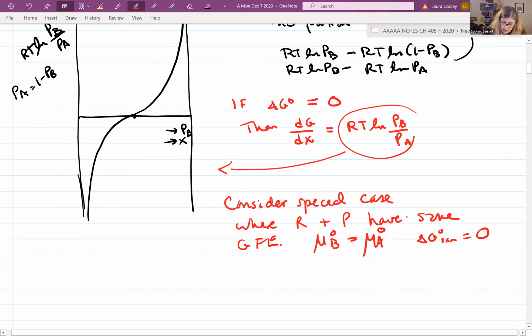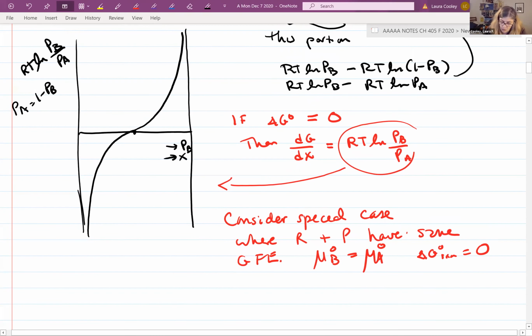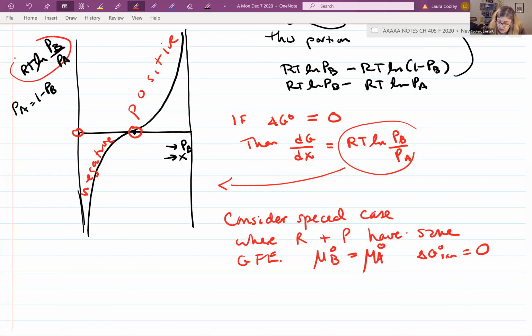And in that case, this graph tells you really most of what you need to know. Here is where the y-axis crosses the 0. These values are positive. Okay, these values are negative. And here is where this RT log PB over PA, which would be the slope, right? This would be dG/dx if the delta G0 is 0.